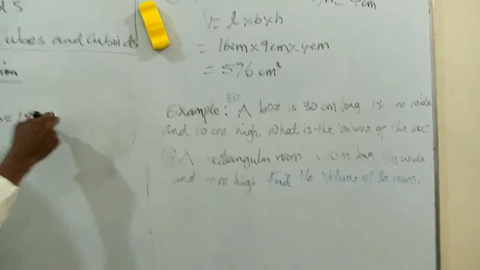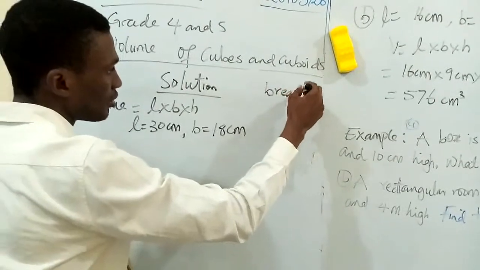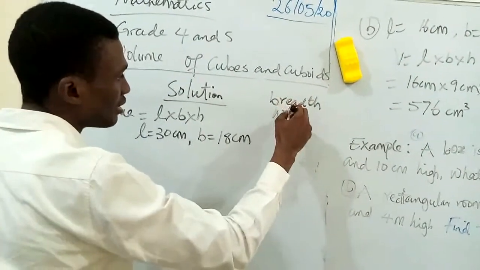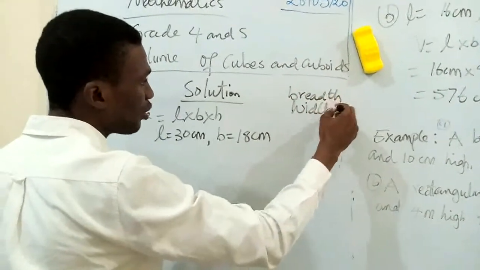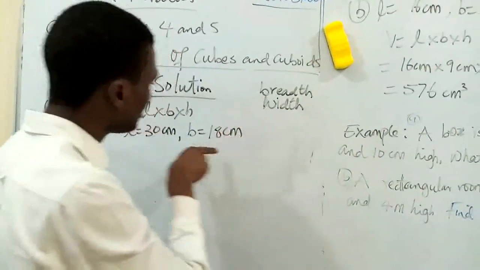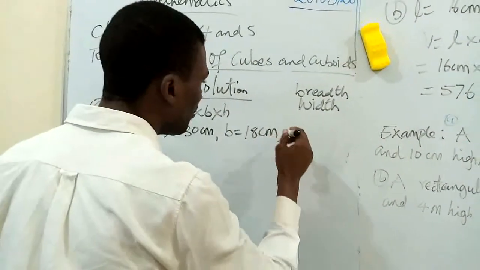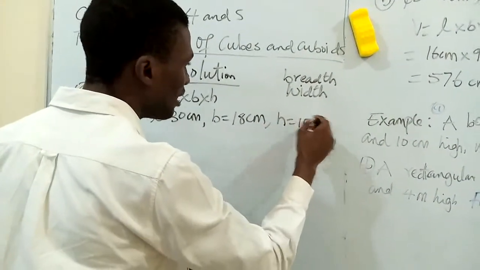You can just call it the breadth or the width. Either the breadth or the width, so it's the same thing. We say 18 cm wide means the breadth or the width. So our height, 10 cm high, means the height is 10 cm.